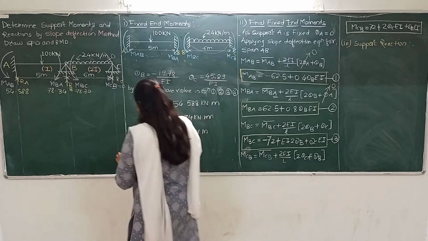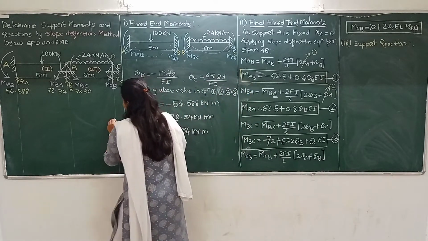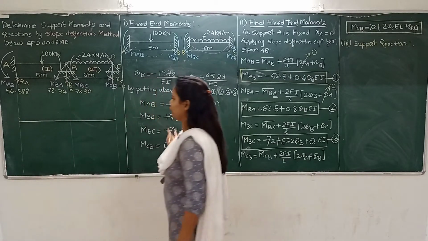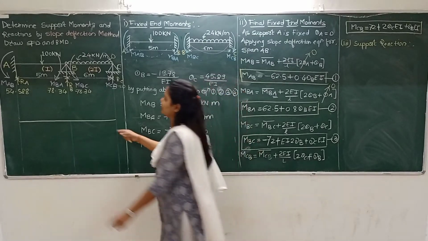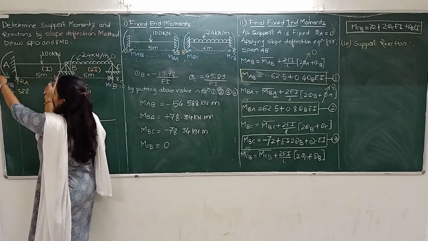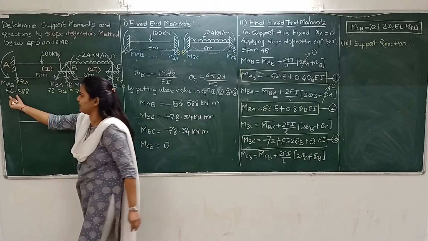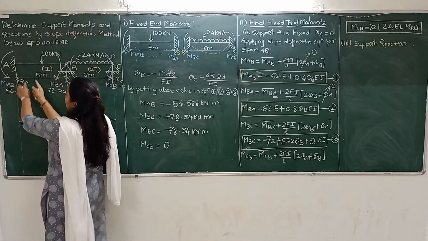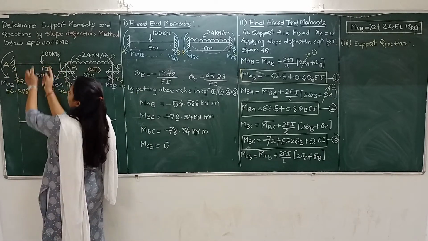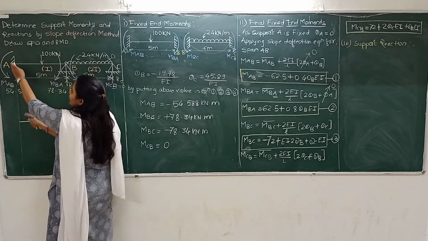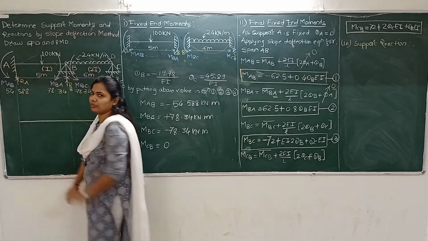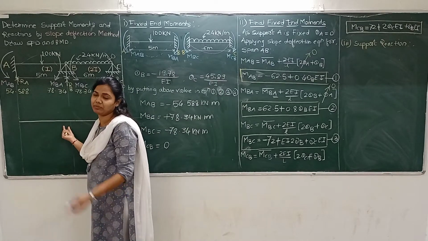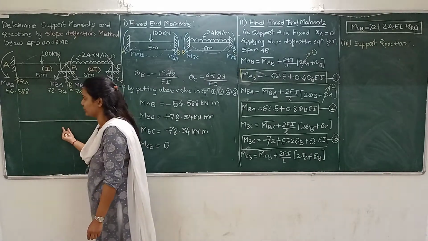We will first show the bending moment diagram on the basis of the final end moments. Due to the nature of the final end moments, one anticlockwise and one clockwise, both moments at A and B will try to bend the beam in the upward direction, creating hogging bending moments.